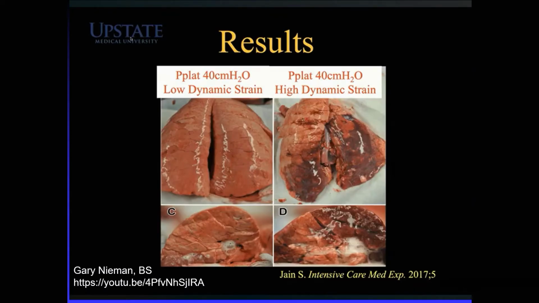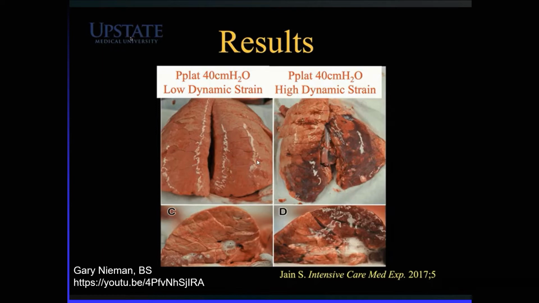And despite these high pressures, so long as the patient's lungs are not subjected to the high dynamic strain of frequent opening and closing, the lungs are not injured, as demonstrated on these post-necropsy pictures of pig lungs. Both were subjected to injury in this model.